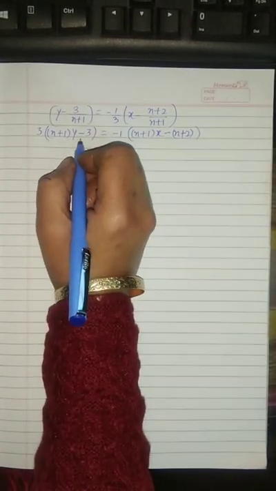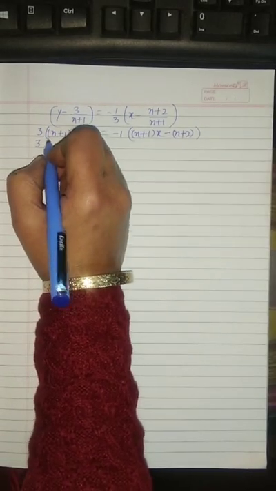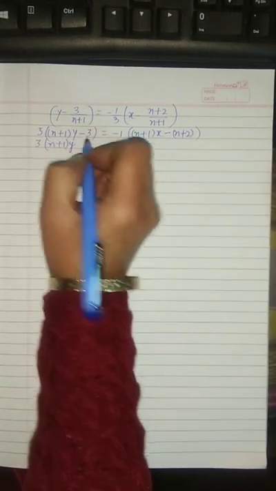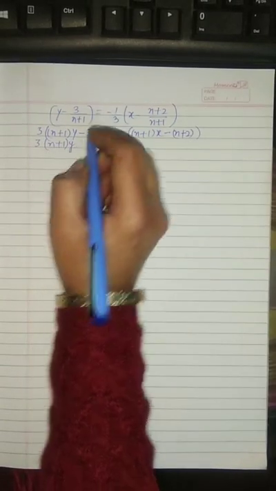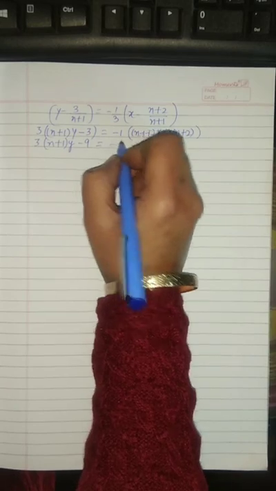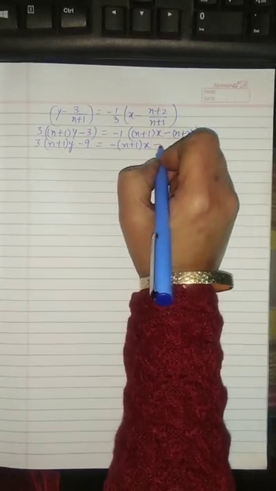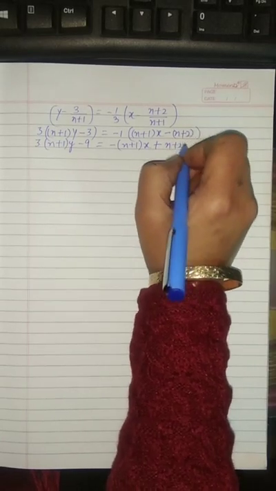So it will become 3(n plus 1) y minus 9, and here we have minus (n plus 1) into x plus (n plus 2).